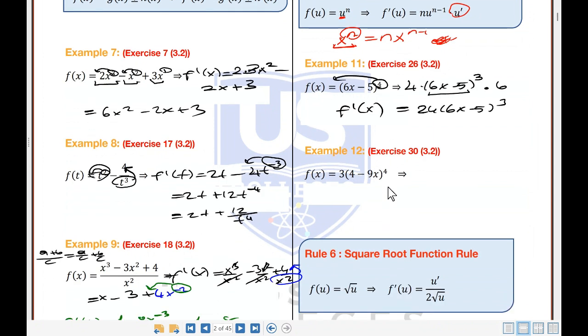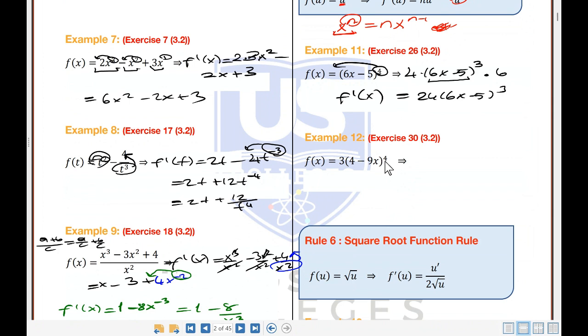Alright, same idea in the following question. We have 4 as an exponent, move it down in front. So 3 multiplied by 4 minus 9x to the power of, decrease the power by 1, which makes 3, times the derivative of the inside. The derivative of 4 is 0, negative 9x is negative 9.